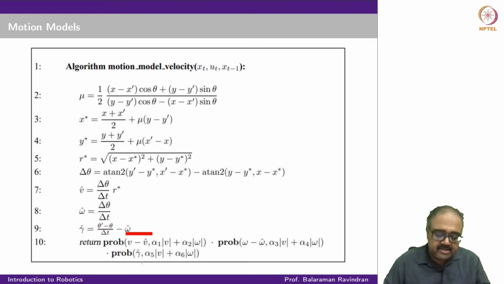And likewise the second component of the angular error, which is gamma hat, is again given by a zero mean and variance b distribution, where b is a factor that depends both on the magnitude of the translation velocity and the magnitude of the rotation velocity, and you have alpha 5 and alpha 6. So, all the alphas are positive quantities, and each of these pairs of alphas determine the effect of the magnitude of the velocity on the respective errors.